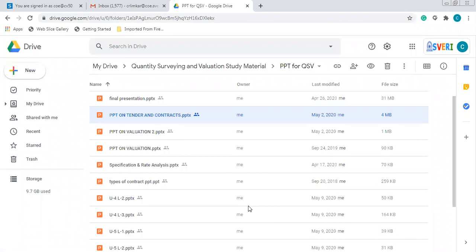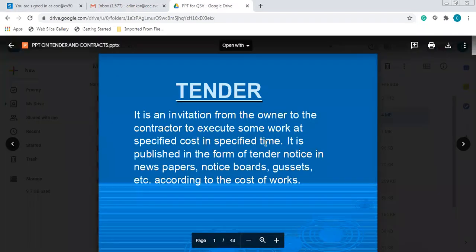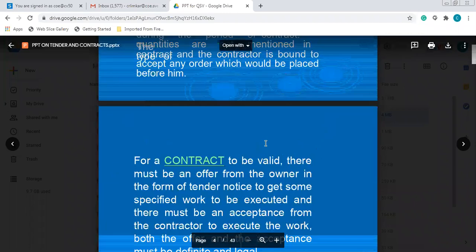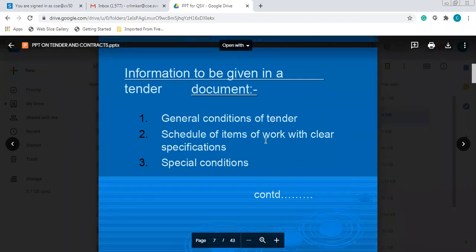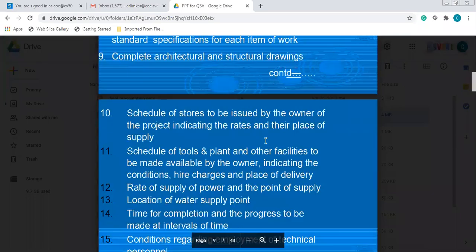If some students have missed the previous part, still tell your friends to join, because in section number 2 we are starting with the contracts and tendering procedure. What is meant by the word tenders, how they are going to be filled, what are the types of tenders, what is the procedure, what are the different things that you require for getting any particular tender.